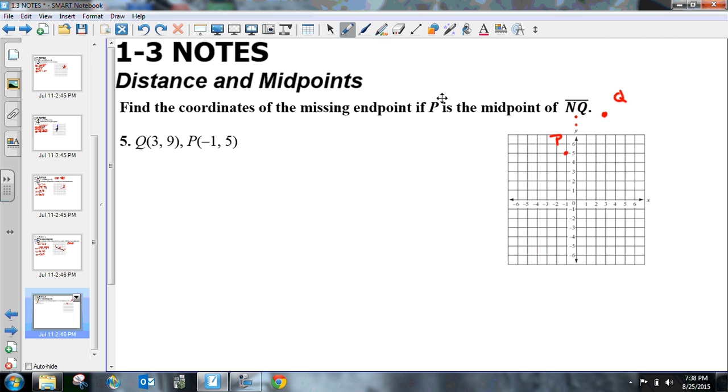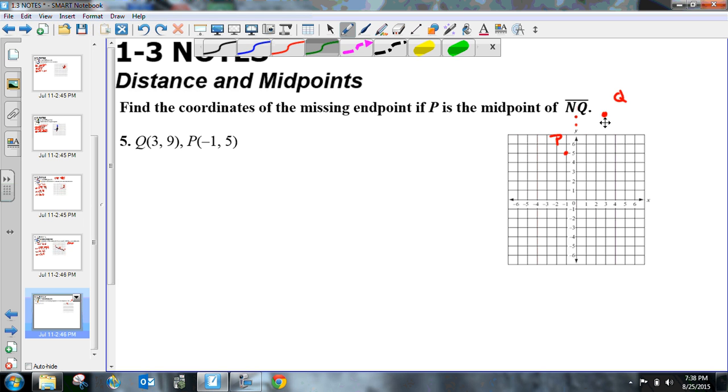One thing that you've got to consider here is we know that P is the midpoint of NQ. So if P is the midpoint of some segment NQ, that means that N needs to be somewhere over on this side. One way that I can do this is I can just start counting down and use my slope to tell me this.